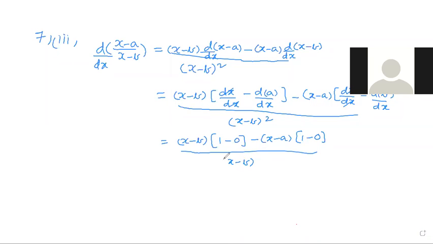Now multiply: x minus b into 1 is x minus b.